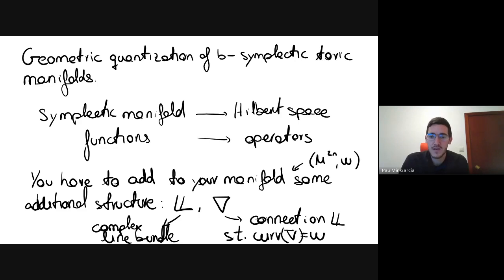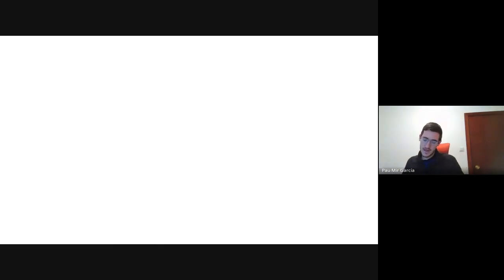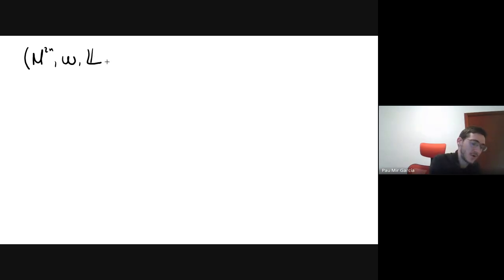If you can do these two steps, you can pre-quantize your manifold. So now you do not only have M and omega, but you also have M, omega, L, your complex line bundle, and a connection defined on the line bundle.